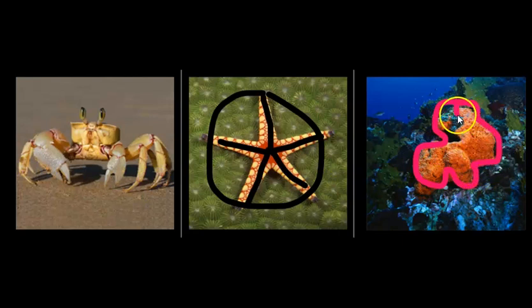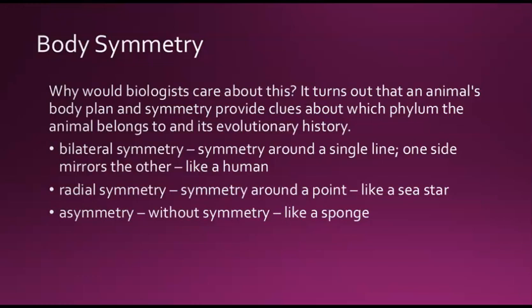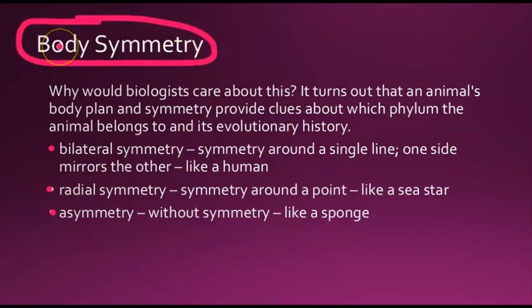There's no symmetry there at all. So that would be something that is asymmetrical. So we have bilateral symmetry, radial symmetry, and asymmetry for different types of body plans, and it helps biologists determine which category certain animals would fall into.